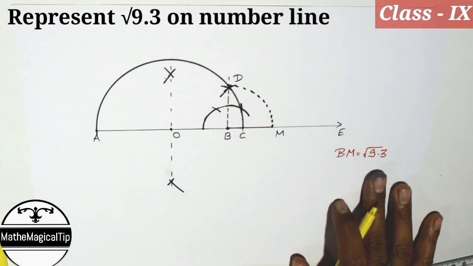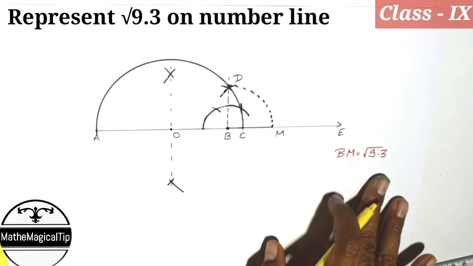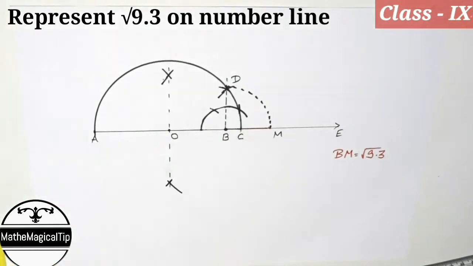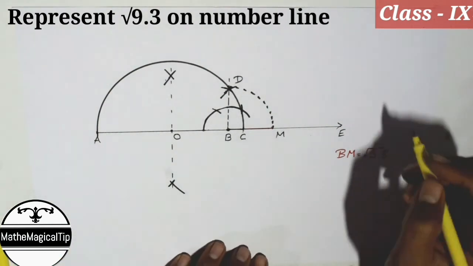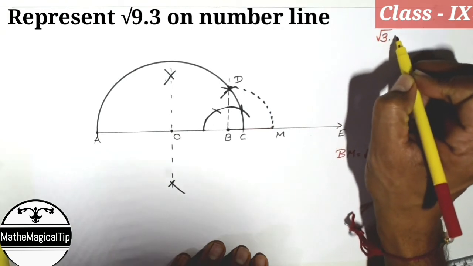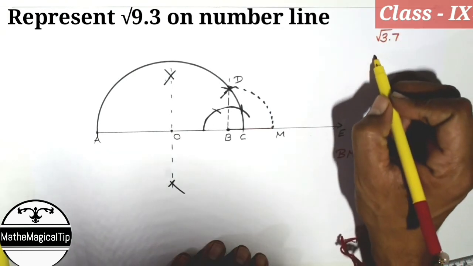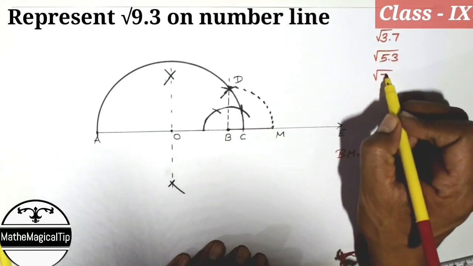If someone asks you how to draw root 9.3, then these steps can be followed, and with the help of these steps, you can draw root 3.7, root 5.3, root 7.6.